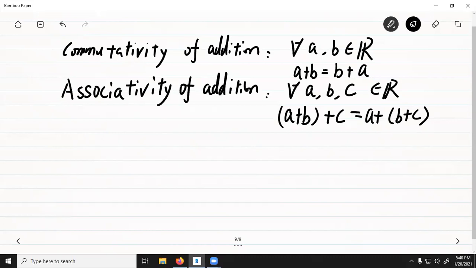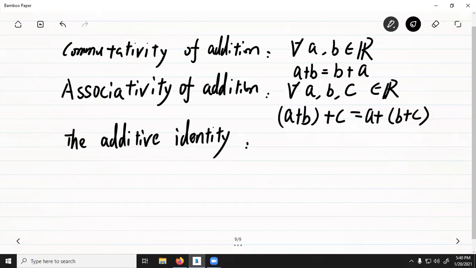The third axiom is about the additive identity. What does this mean?